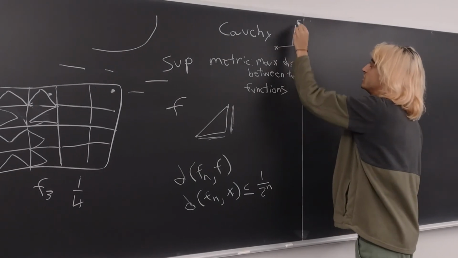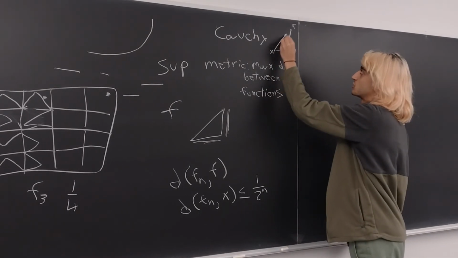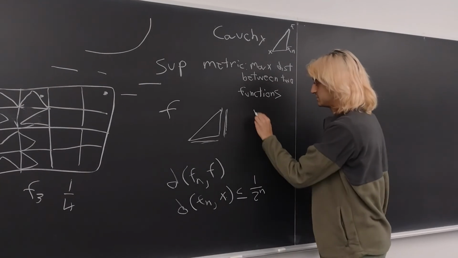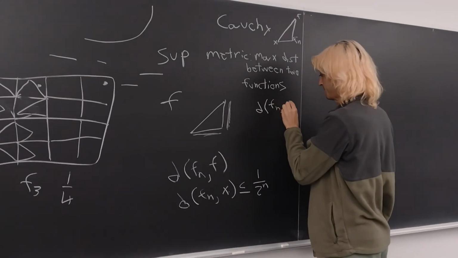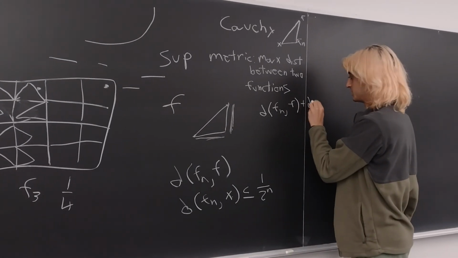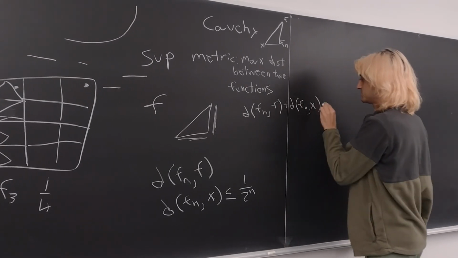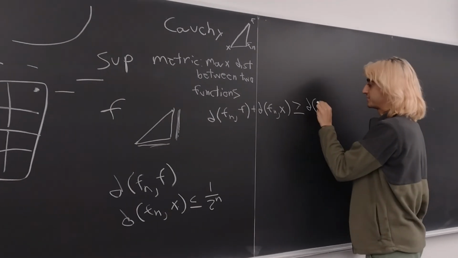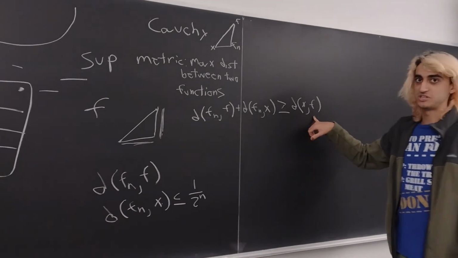If you go along this path, that can't be less than going straight from x to f. So if we add these two together, the distance between fn and f plus the distance between fn and x has to be greater than or equal to the distance between x and f. And since this can be as small as we want, this can also be as small as we want.